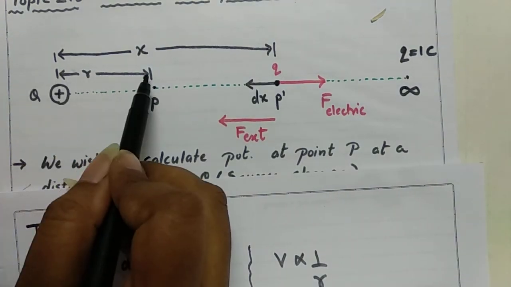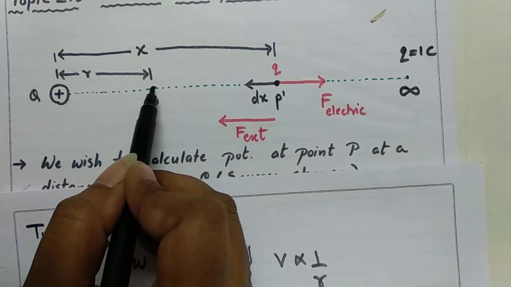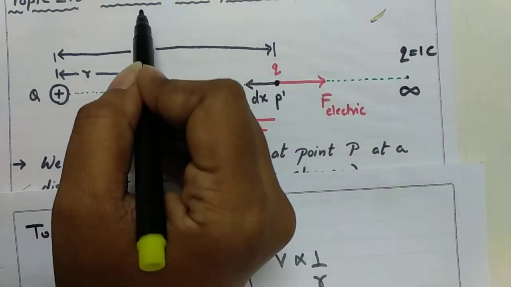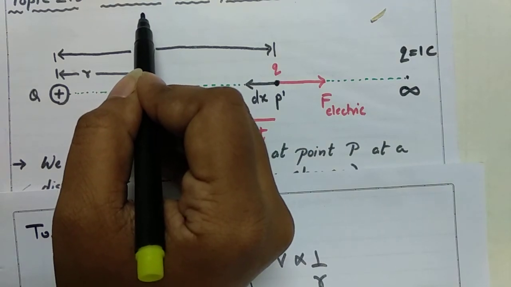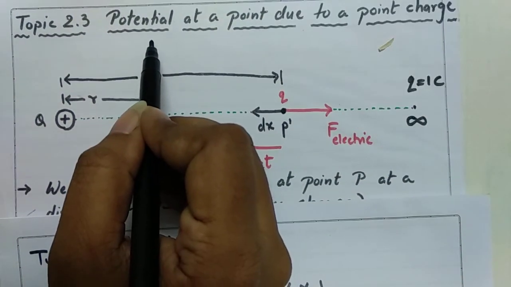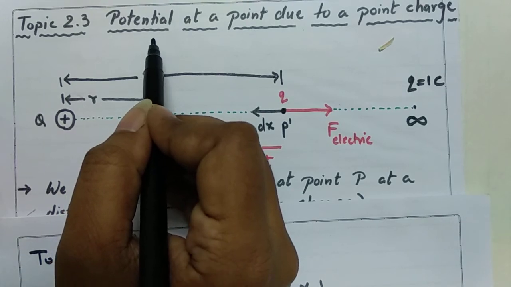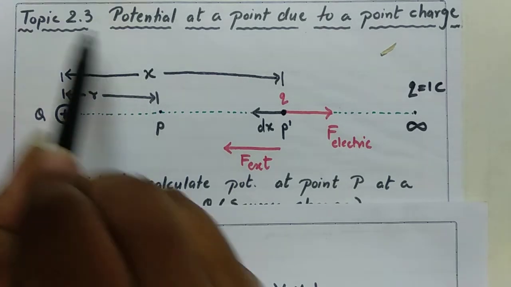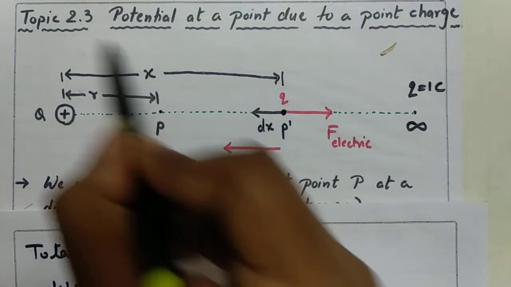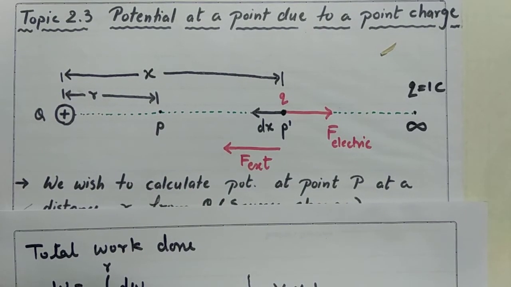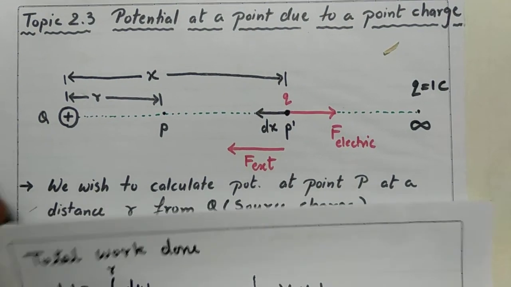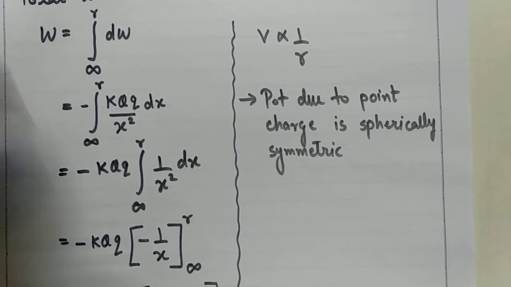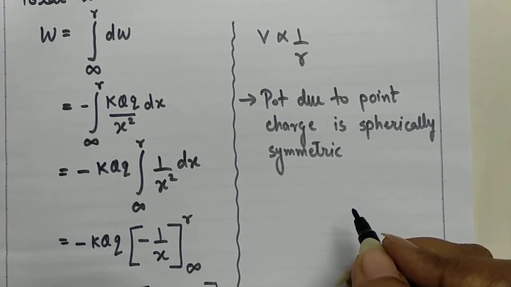If I keep this distance constant, then the value of potential at this point is kq upon r. Then suppose I take point P at the same distance r over here. Then again the value of potential will be the same. Again at the same distance r over here, on all the sides, then I will get a sphere, and at all the points on the sphere the potential is going to remain constant. So I can say that the potential due to a point charge is spherically symmetric.